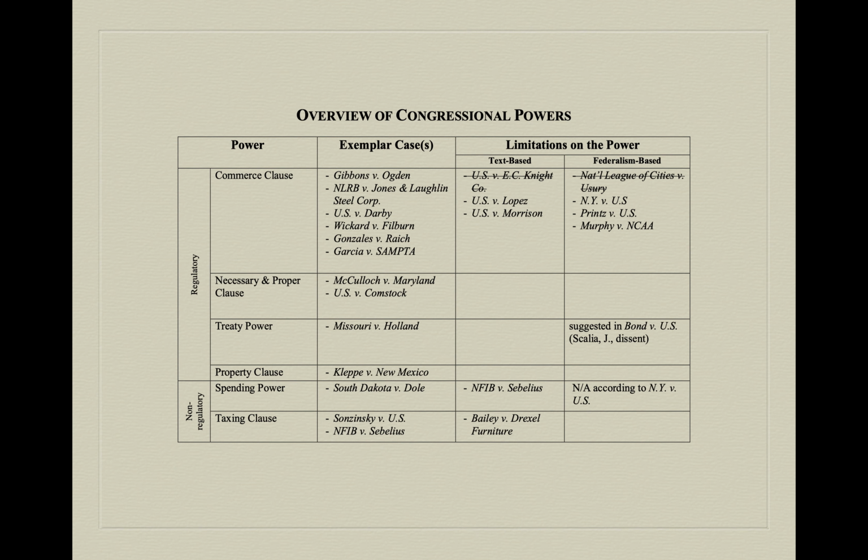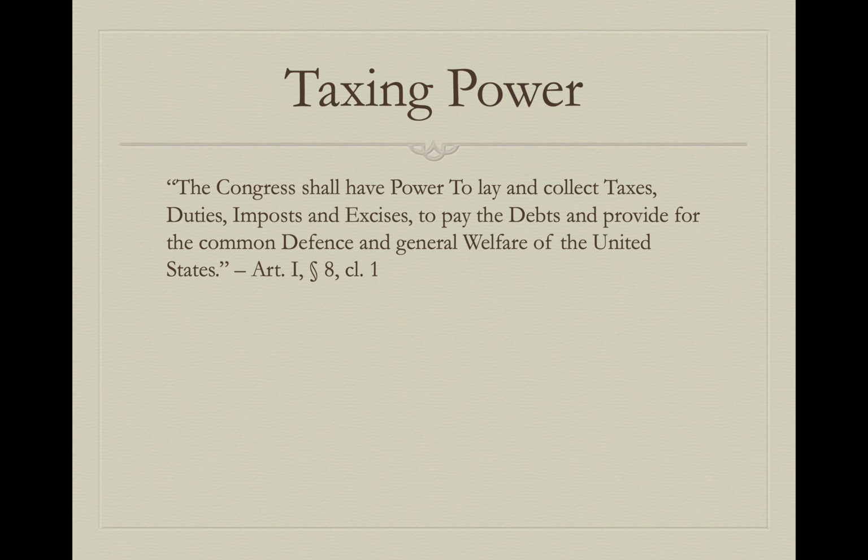It's very important in particular for that second subcolumn under the limitations category. That's going to be the reason why the federalism-based limits don't apply to these two powers, because the regulatory powers directly regulate individual behavior. The non-regulatory powers do not, according to the court. And we'll see what the court means by that as we look at these cases.